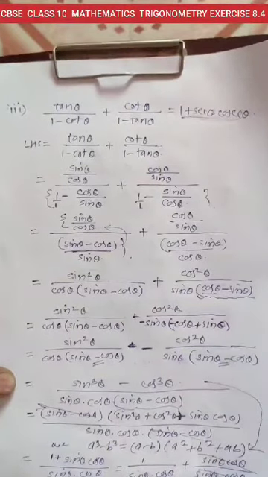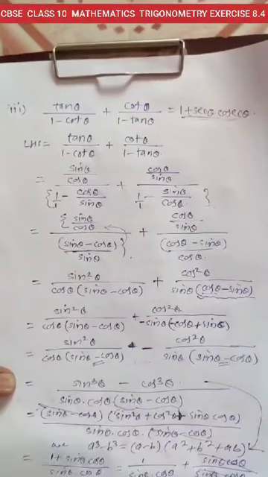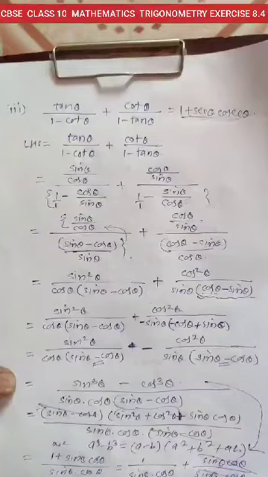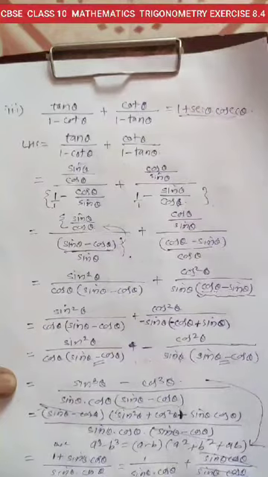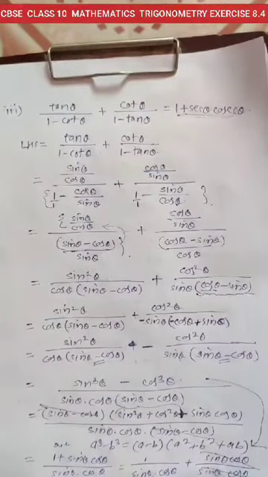After that, if we separate 1 upon sin theta, the remaining value is 1 upon sin theta, 1 upon cos theta, that is sec theta, and cosec theta. So this is the RHS. We cancel sin theta cos theta and get 1, then 1 upon cos theta is sec theta, 1 upon sin theta is cosec theta. So this is our third example.